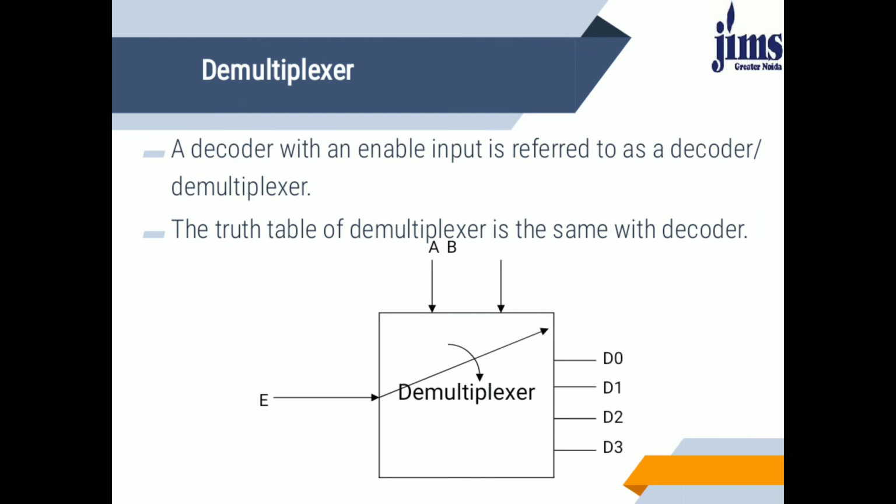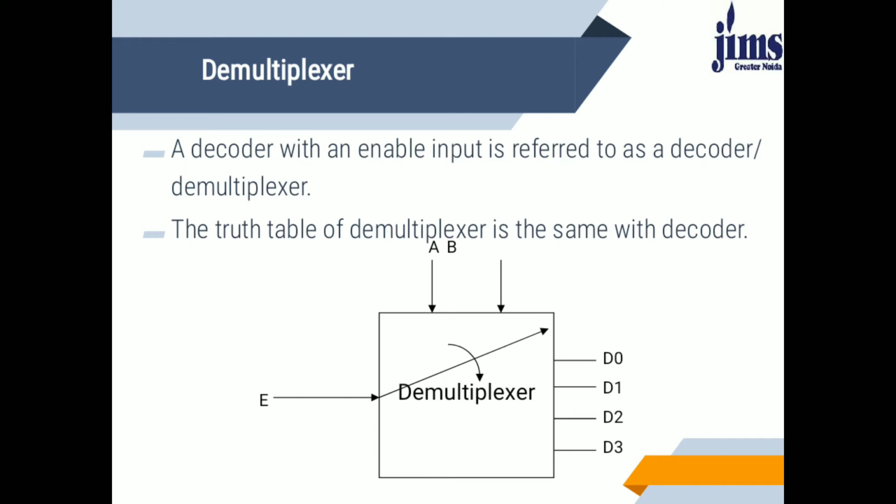Then demultiplexer. What are demultiplexers? A decoder with an enable input is referred to as a decoder or demultiplexer. It means from a decoder we can prepare a demultiplexer also. You can check it from the truth table. It is the same as the decoder.